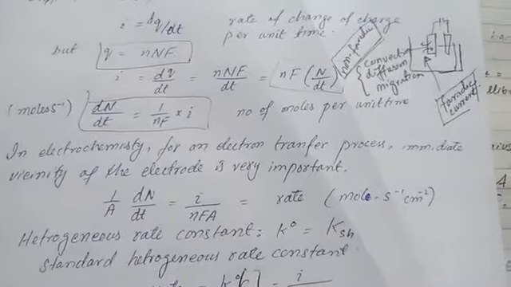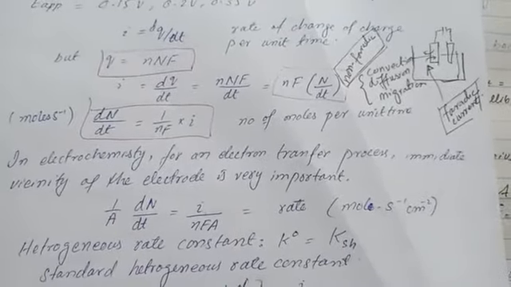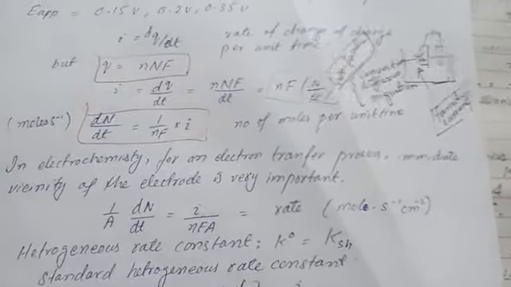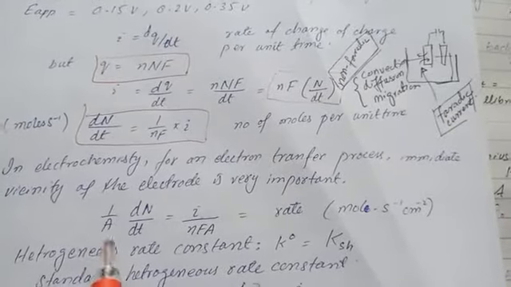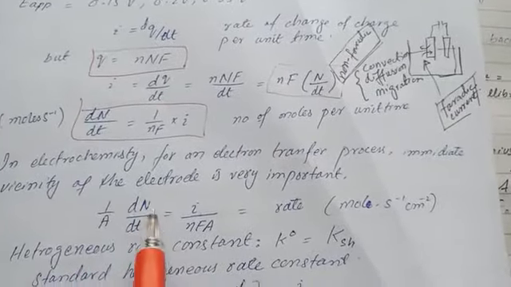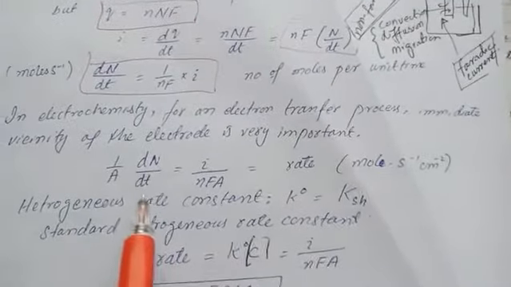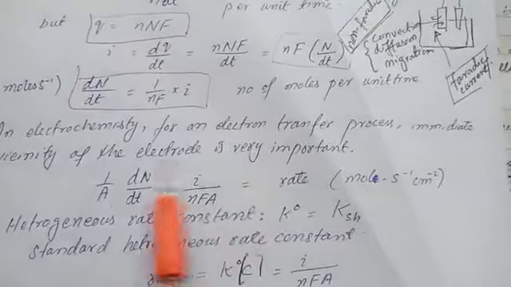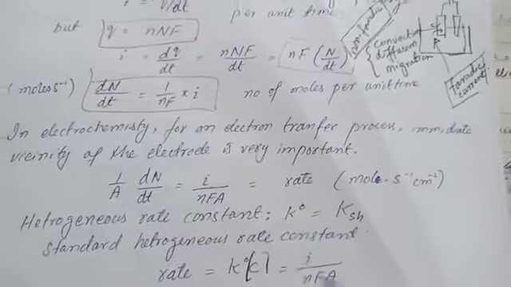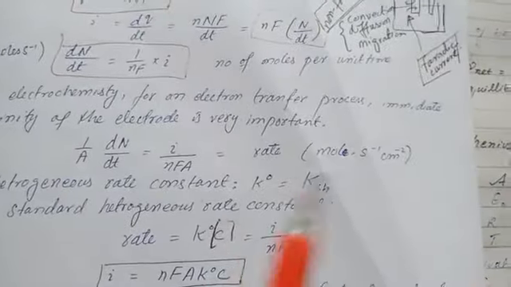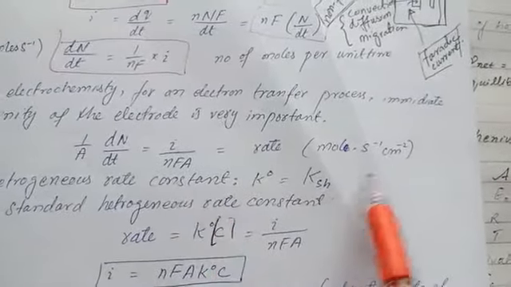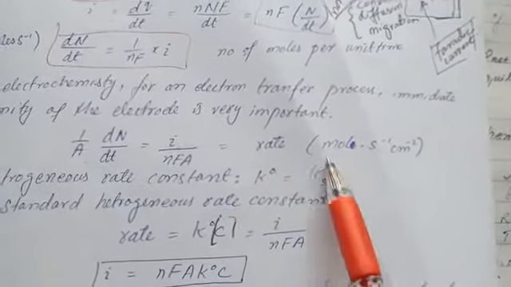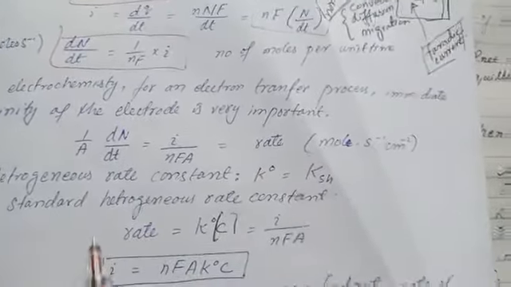And in electrochemistry, for an electron transfer process, the immediate vicinity of the electrode is very important. So we divide the rate of change of number of moles with respect to time by unit area. We get the modified equation, having units of mole per second per centimeter square.